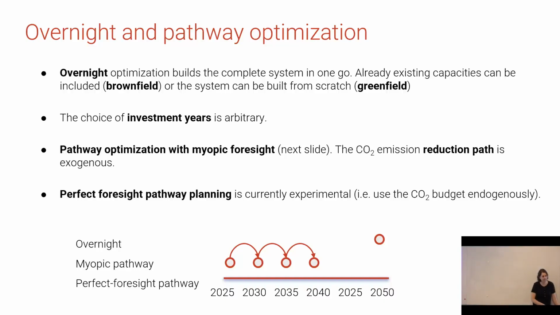Does PyPSA have learning in the model? This is not available by default, but there is a nice paper by Lisa where we are looking at perfect foresight with endogenous learning. The current way that learning rate is included is because all the cost assumptions for both the overnight and myopic are exogenous.